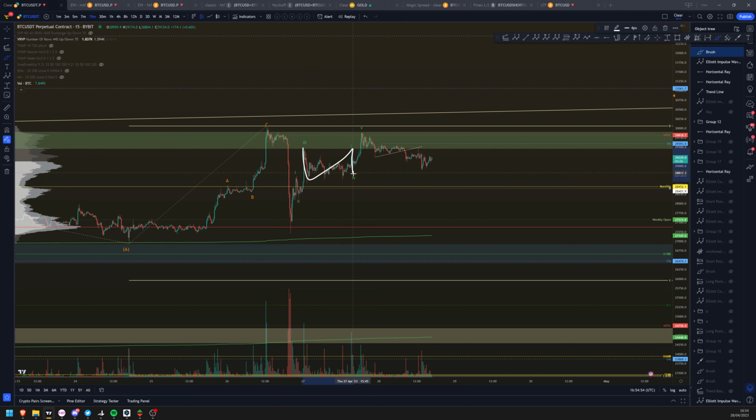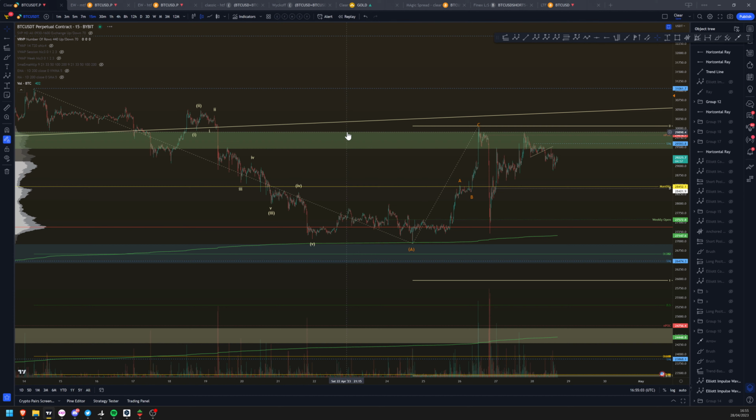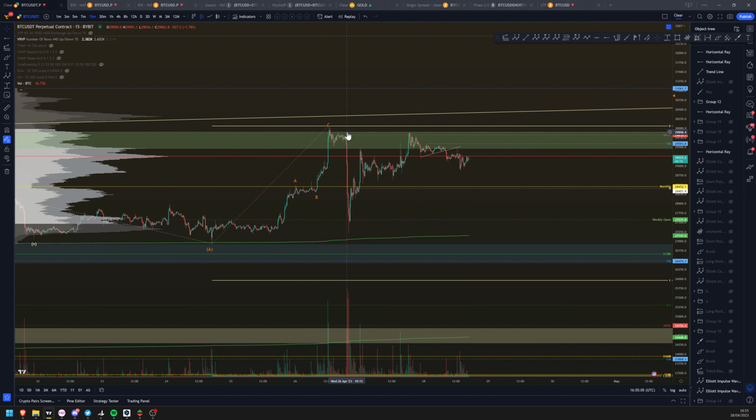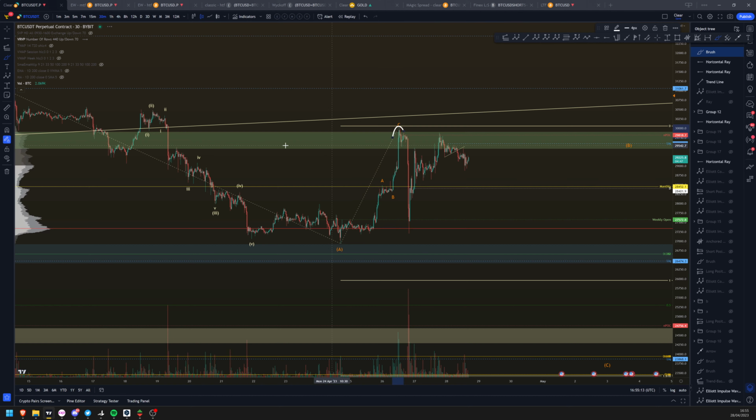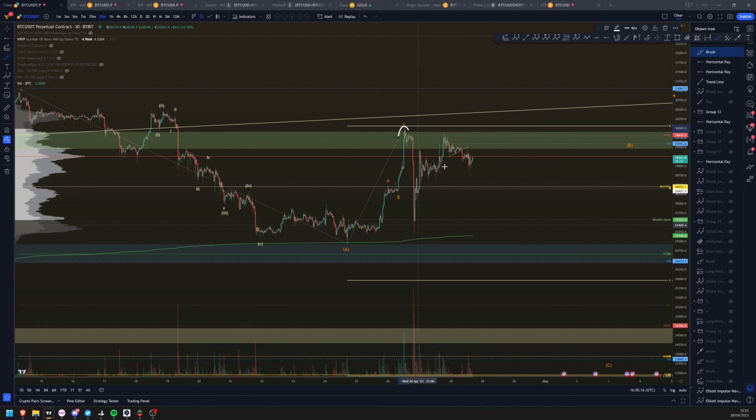Here we have a flat clearly. But a valid impulse here doesn't give me much room to count anything that goes beyond here and still reject.